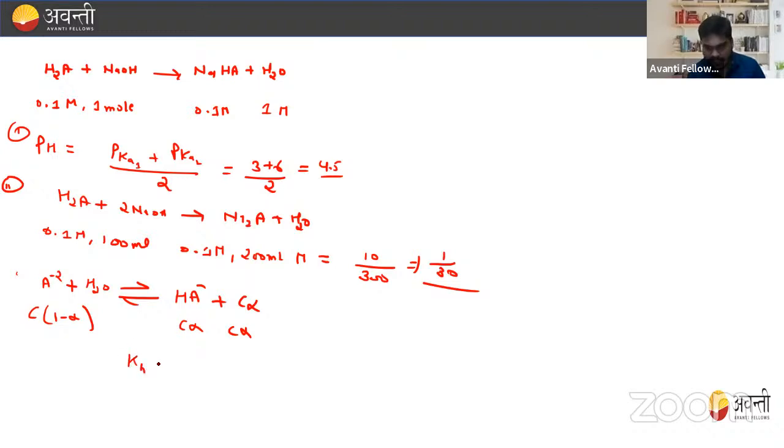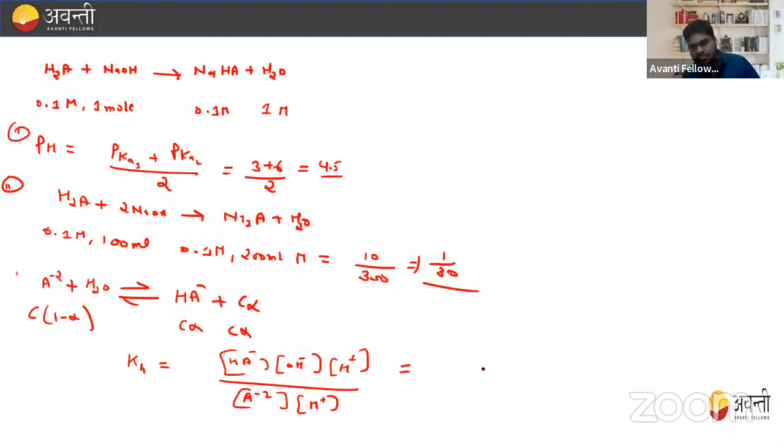So what is Kh here? This is HA negative, OH negative over A minus 2. Just put the value. This is nothing but Kw upon Ka2.